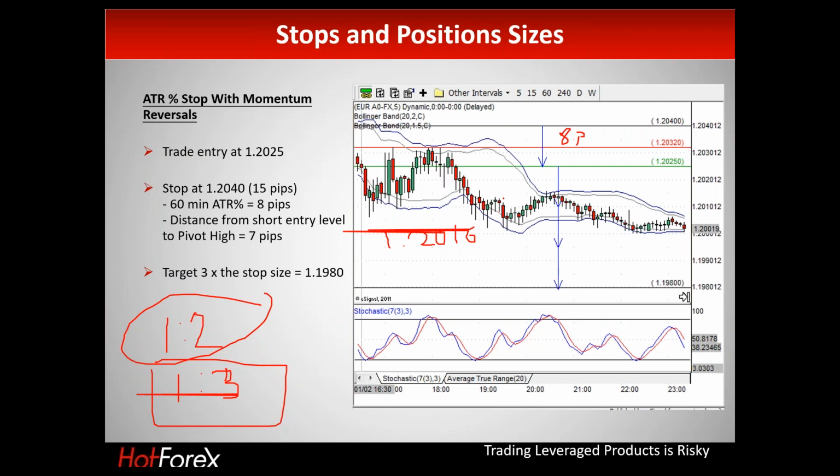So 120.32 minus 24 pips implies 120.08. So you can have multiple targets.